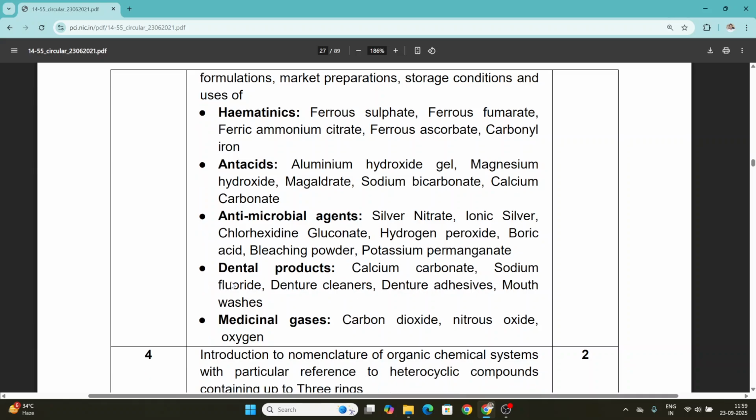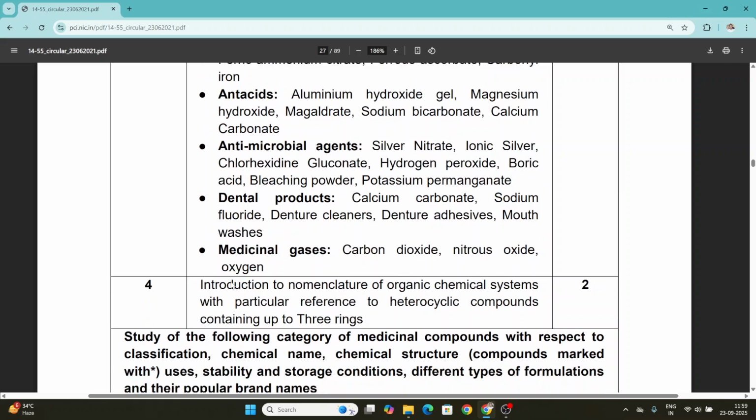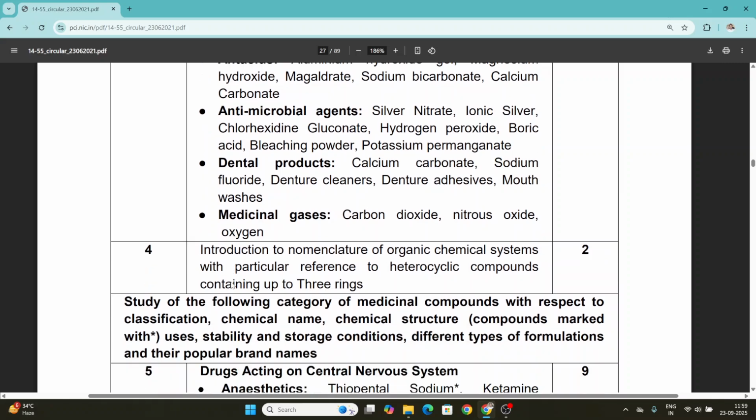Antimicrobial agents: silver nitrate, ionic silver, chlorhexidine gluconate, hydrogen peroxide, boric acid, bleaching powder, potassium permanganate. Dental products: calcium carbonate, sodium fluoride, denture cleaners, denture adhesives, mouthwashes. Medicinal gases: carbon dioxide, nitrous oxide and oxygen.